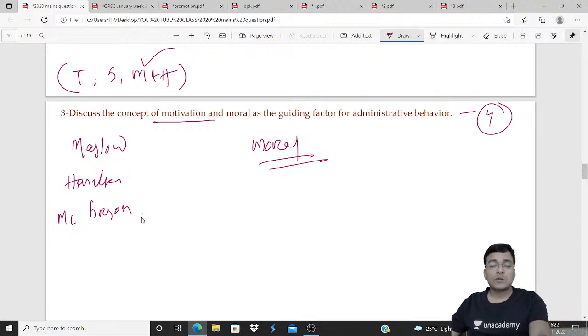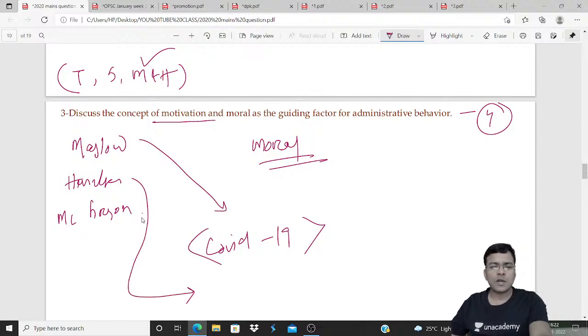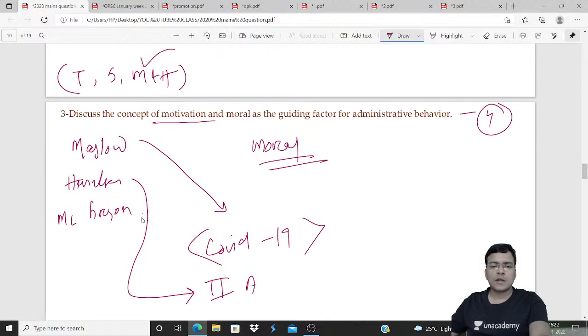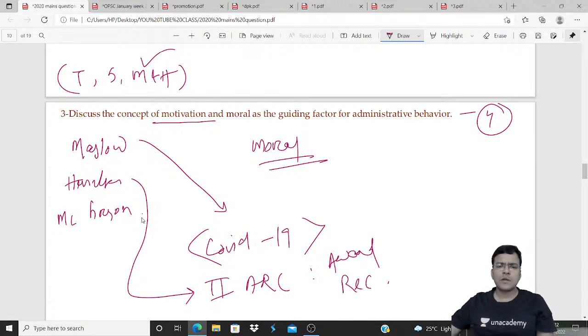You can easily write a 60 marker with the current examples I have given you. COVID-19 situation, add the COVID-19 situation. In Maslow's idea, Herzberg's idea, we can mention the second ARC, Best Administrator Award, recognition, and morale.